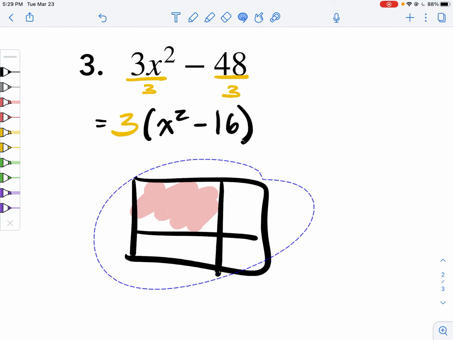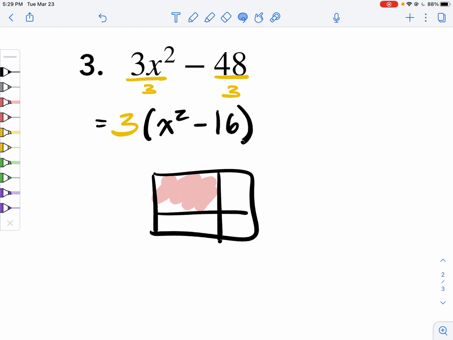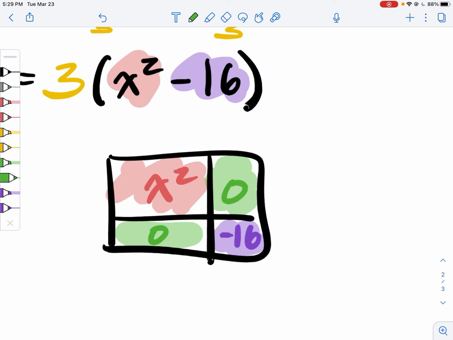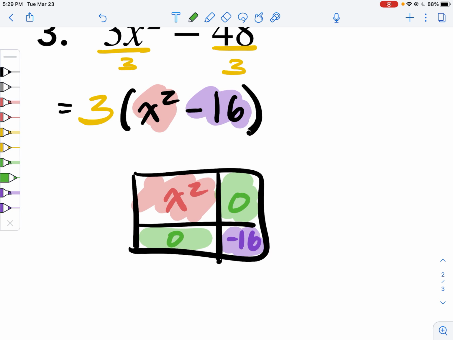Now let's just factor x squared minus 16. Well, in here we want to get an x squared, and in here we want to get a minus 16. But we don't have anything to go in here. So these need to be 0. So the question is, we need opposite numbers that multiply to negative 16.